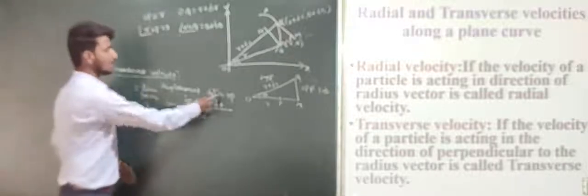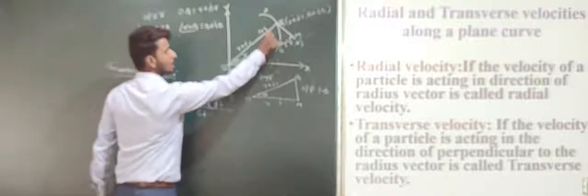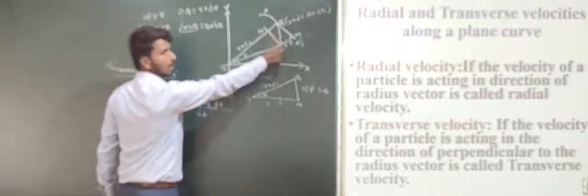Displacement perpendicular to OP in time delta t means, here this is the line OP, and the displacement perpendicular to OP will be Pn.